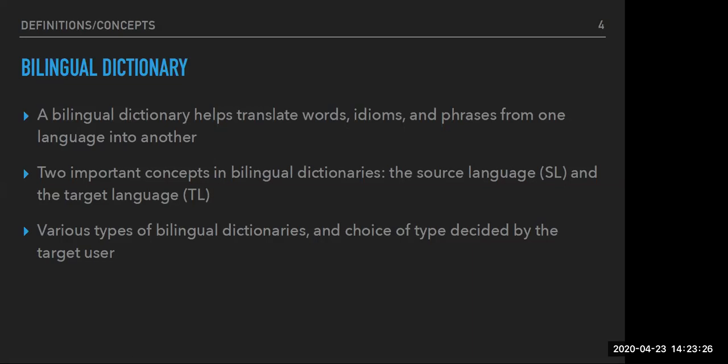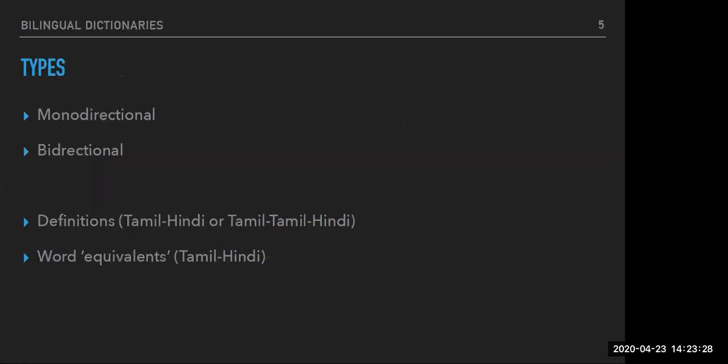Next slide. So there are monodirectional and bidirectional dictionaries. Again, which dictionary you want to create depends on what your goals are, right? A monodirectional dictionary will have only one source language and one target language.